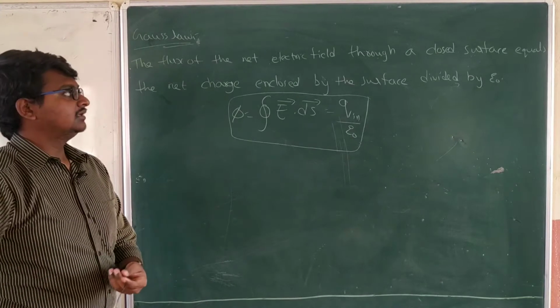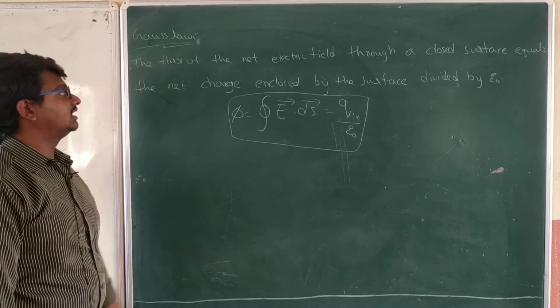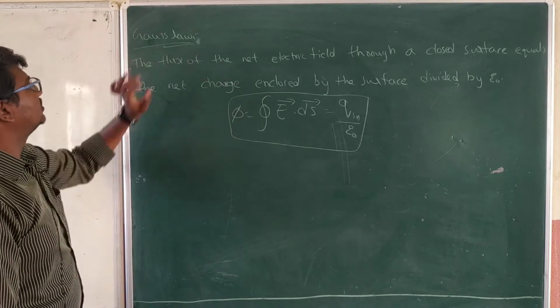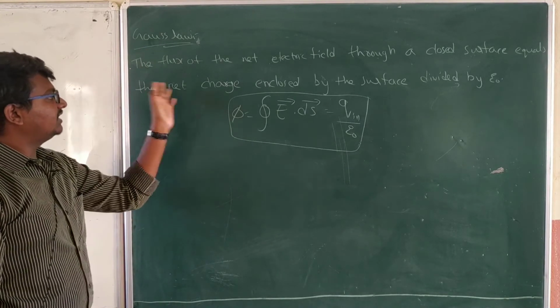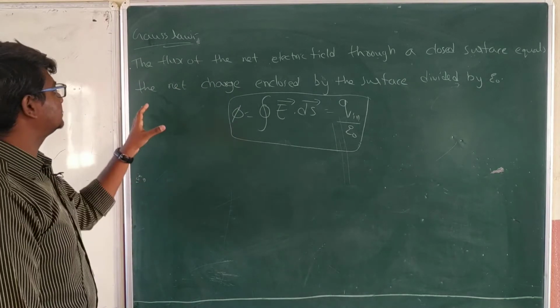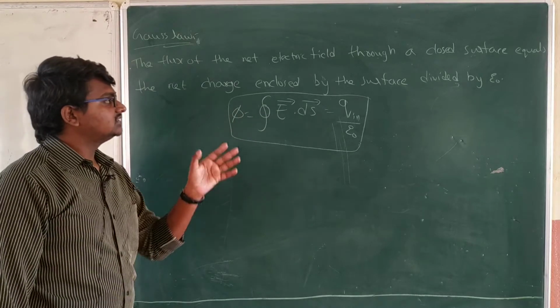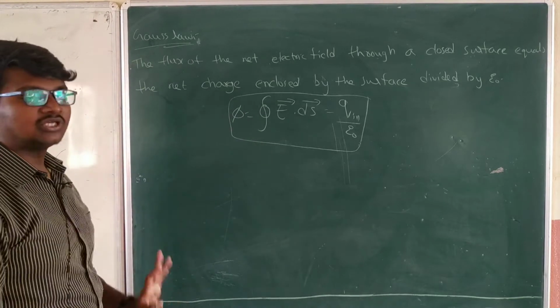Okay, right. Now let's discuss the important topic, Gauss law. What is meant by Gauss law? The flux of the net electric field through a closed surface equals the net charge enclosed by the surface divided by epsilon naught.